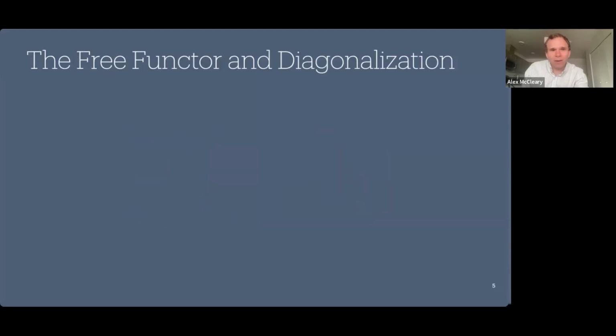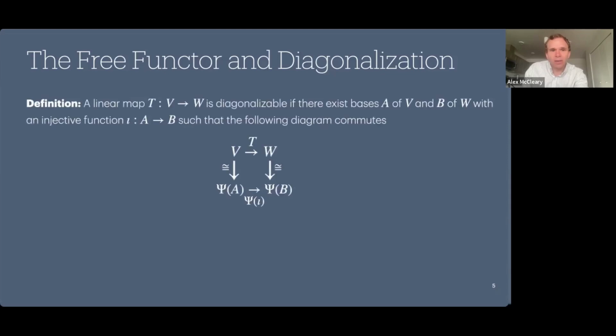Okay, so now let's look at how we can use the free functor to define diagonalization. If we have a linear map between two vector spaces, and here these vector spaces can potentially be infinite dimensional, we say this map is diagonalizable if we can choose bases of V and W, together with an injective function from A into B, such that this diagram here commutes.